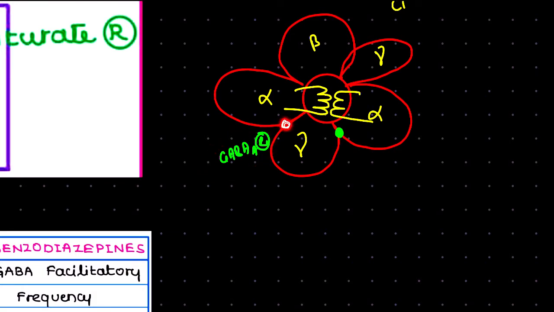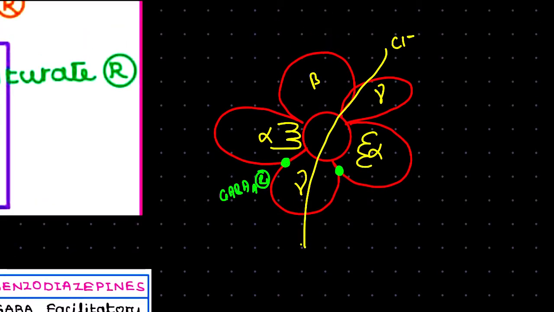As GABA comes and binds here, the closed structure will open, and now the chloride ion can easily pass. This is the mechanism.